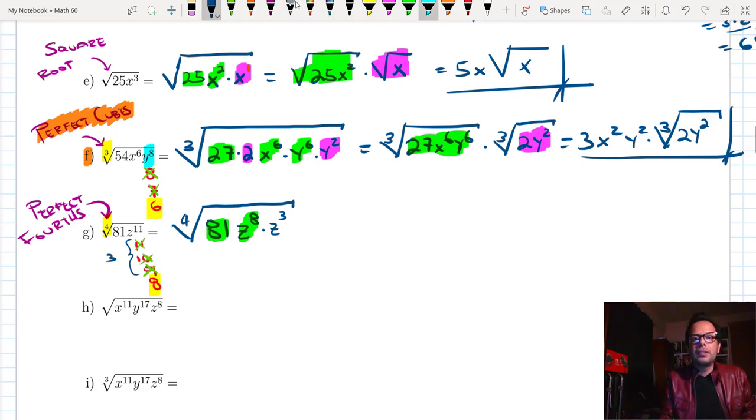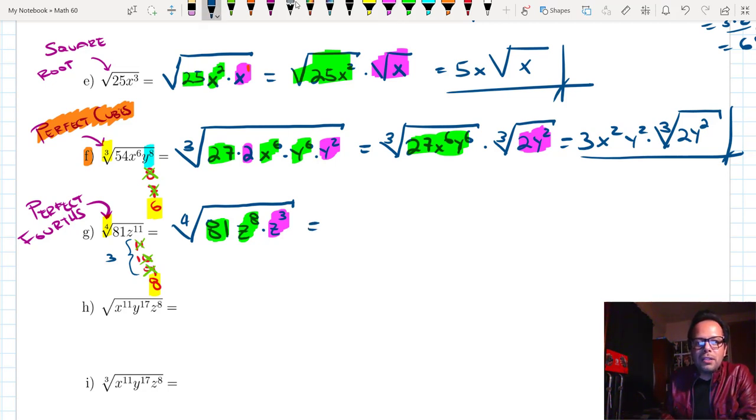Now z to the 3rd power, on the other hand, we'll leave highlighted with purple because that's not a perfect fourth. In fact, notice if we try to divide 3 by 4, it's not going to go, and it's not even going to be a single integer, right? So we leave it like this.